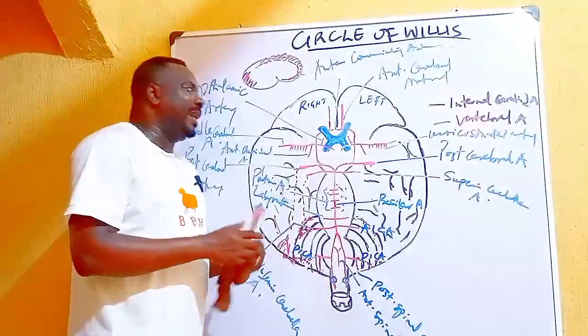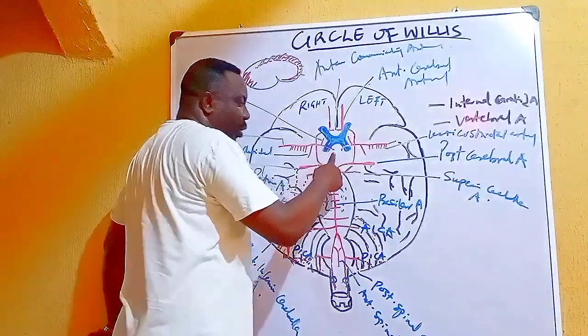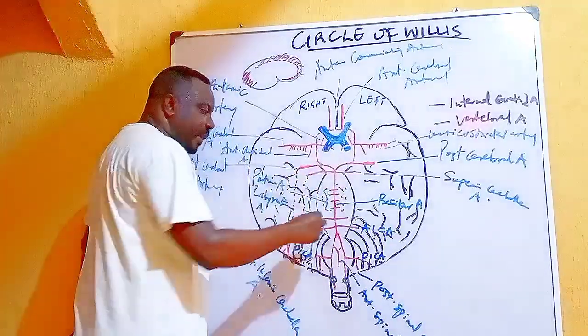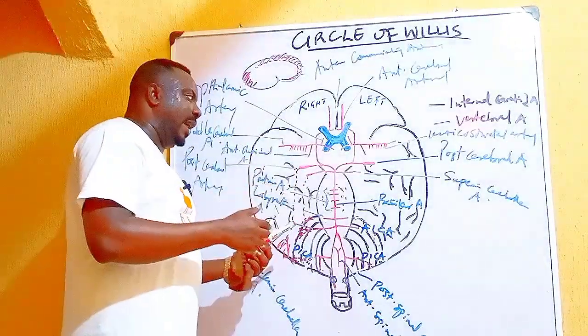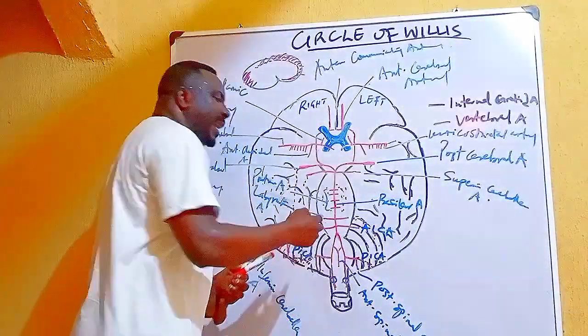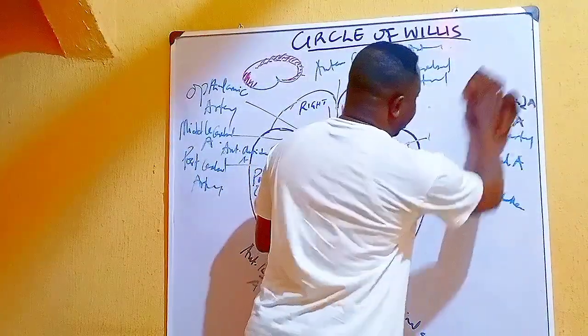Now, it is also important to know the origin of the internal carotid artery and the origin of the basilar artery. The internal carotid artery actually arises from the aorta, and the vertebral artery arises from the subclavian artery. Let me illustrate it on the board.